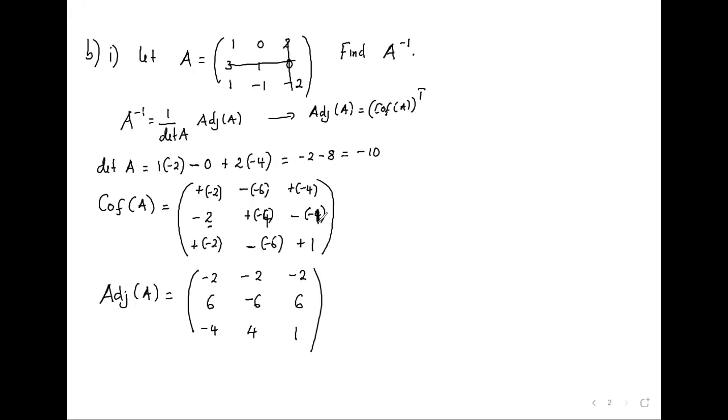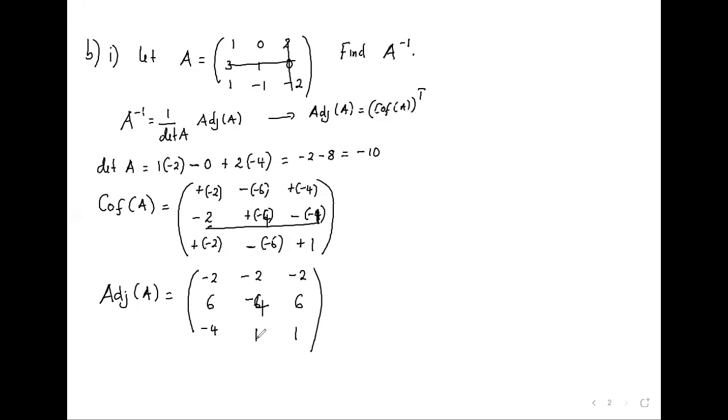Yeah, minus 1 minus 0. Okay. So when we write them here, these make the second column. So this is 4, and this is 1. This is 1.